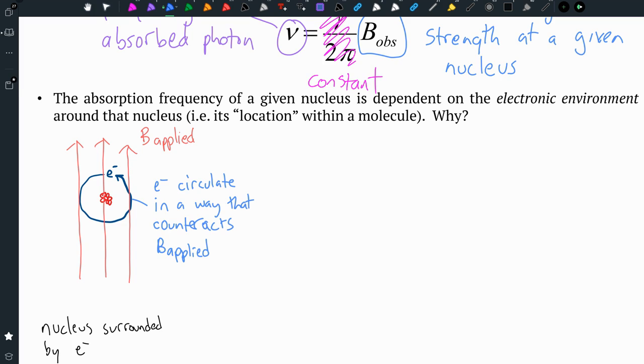All right. So if I'm thinking about what B observed really represents, it is going to be a factor of, well, first of all, the applied field, but then there's also the induced field caused by the electrons nearby.